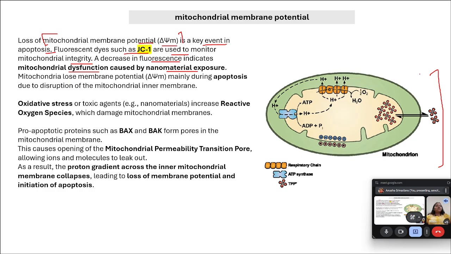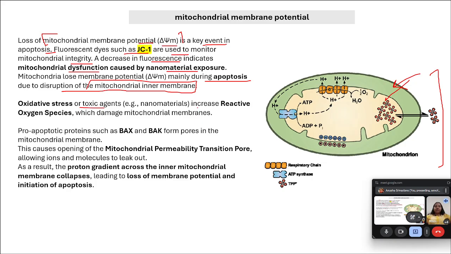Now, once there is mitochondrial damage in response to cellular stress, or whenever there is a disturbance in cellular homeostasis following apoptosis or cell death, this membrane potential that you see here is disturbed. Mitochondria lose membrane potential mainly during apoptosis due to disruption of the mitochondrial inner membrane.